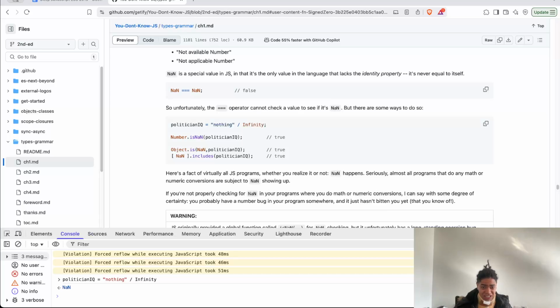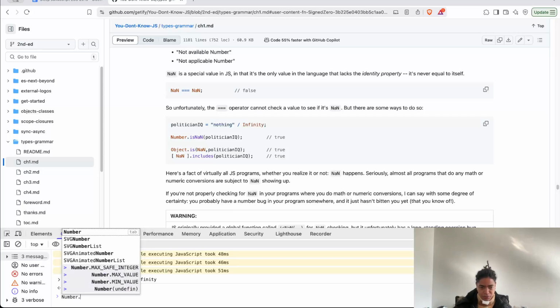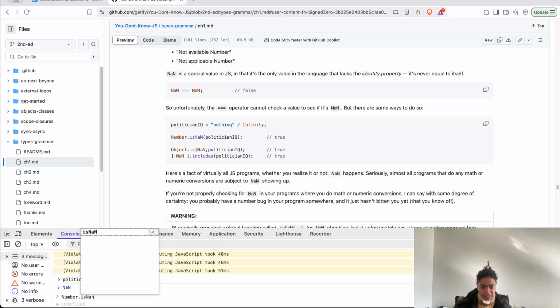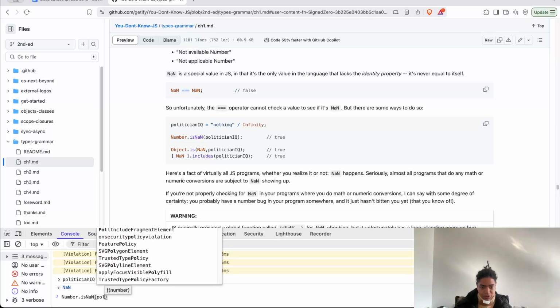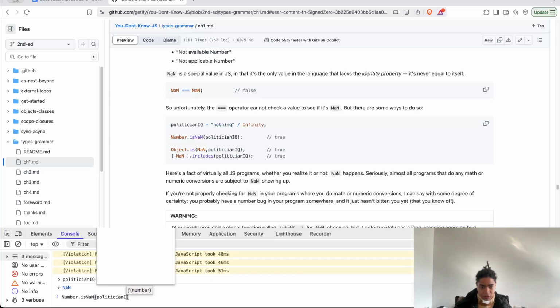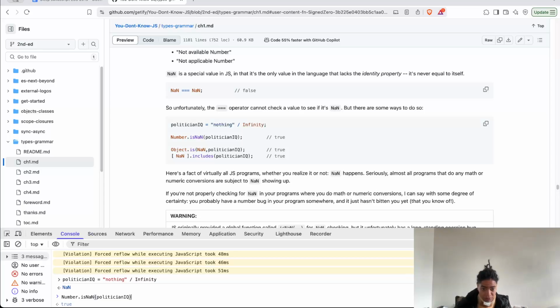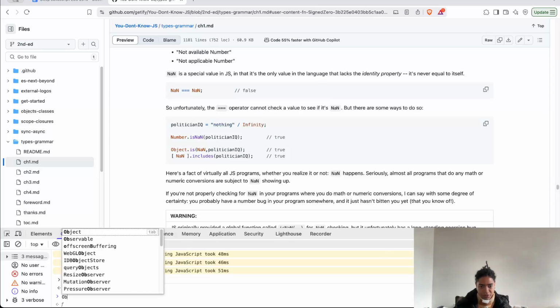And if you want to check that, you either use Number.isNaN, between NaN and the politician IQ, which gives you that this particular value here is not a number, or you can use Object.is, which I prefer to use to compare that.